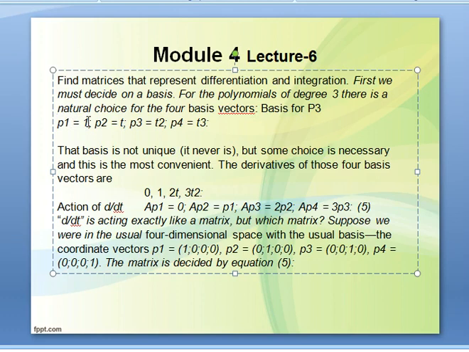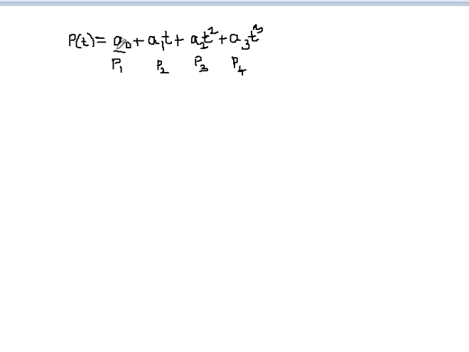The coefficient of a0 is 1, so the value of p1 is 1, the value of p2 is t, p3 is t square, and p4 is t cubed.